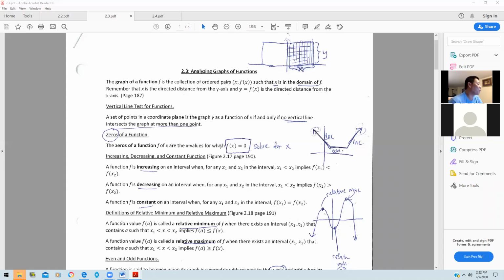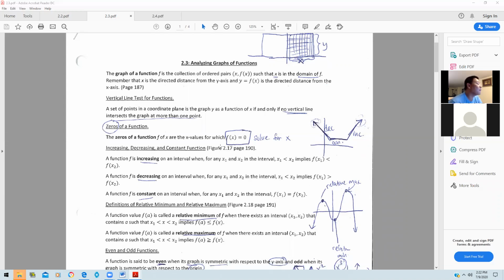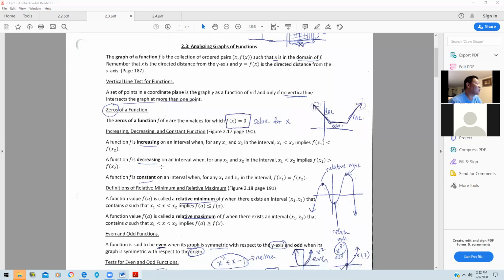We did this in the previous section where we set the whole equation equal to 0, like factoring. And then we have increase, decrease, and constant. Increase means that if you look at the graph, it goes up. This is called increasing. If your graph goes down when you read left to right, it's decreasing. Constant is going to stay flat.